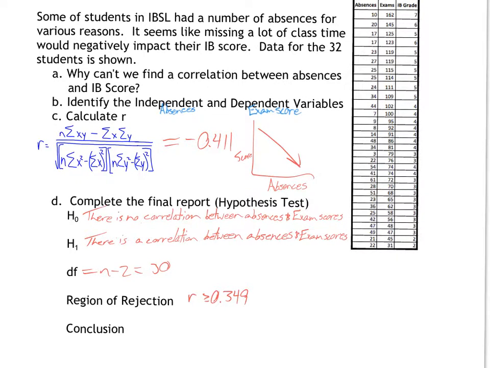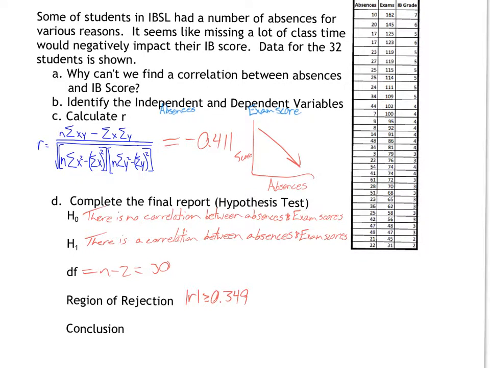Let's make sure we understand what this region of rejection means. This is a range of values: R is greater than 0.349. If the R value we get falls within that range, and we're talking about the absolute value of R, greater than 0.349, then this is the region of rejection.